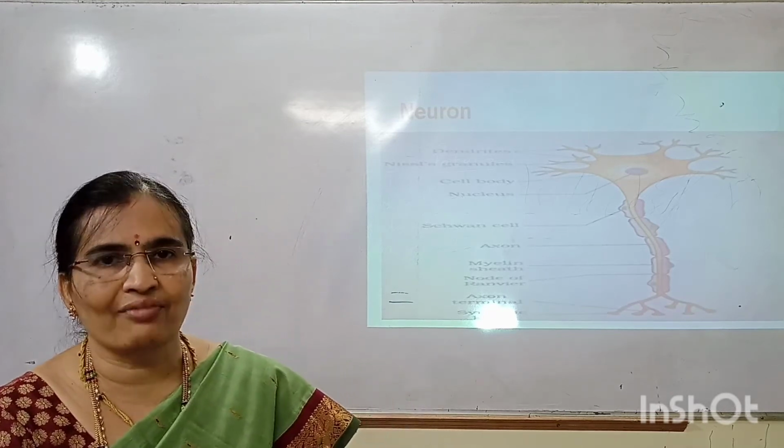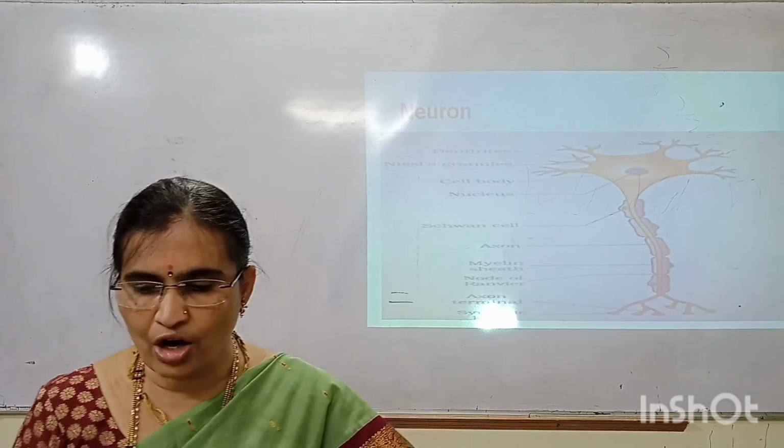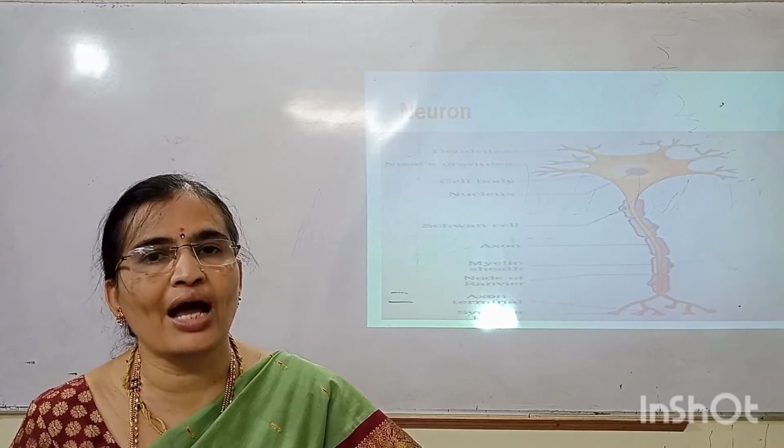Myasthenia gravis is an autoimmune disorder affecting the neuromuscular junction.